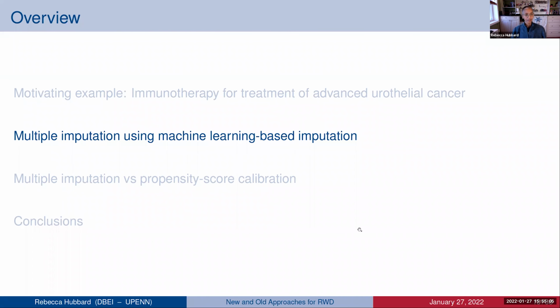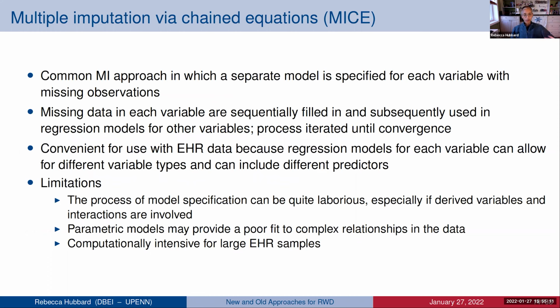Okay, so taking the first of those questions, the first standard tried and true approach that we had used for missing data, and that I'm going to use to compare the newer approaches in this example, is multiple imputation via chained equations. Multiple imputation via chained equations, or MICE, is really, really common. Essentially, we're going to specify a separate model for each variable that includes missingness.